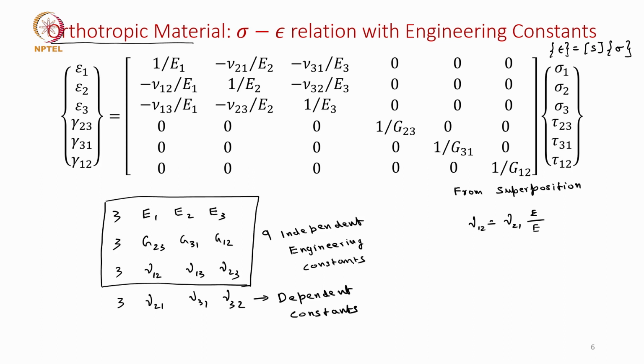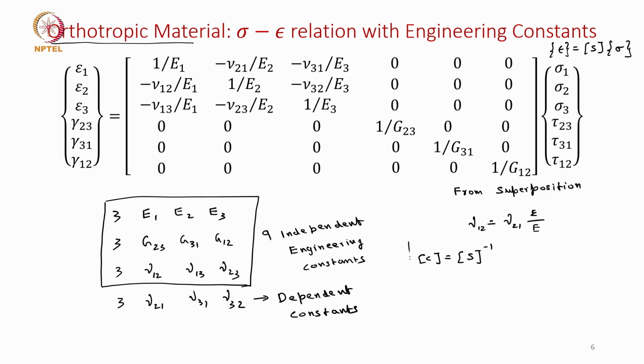Okay. So, once we know the compliance matrix, one should be able to find the stiffness matrix as well, because previously we have shown that the stiffness matrix is simply the inverse of the compliance matrix. Since we are able to write the compliance matrix in terms of the engineering constants, we should also be able to write the stiffness matrix in terms of the engineering constants, but of course, since we are doing an inversion, that expression will be a little more complicated.